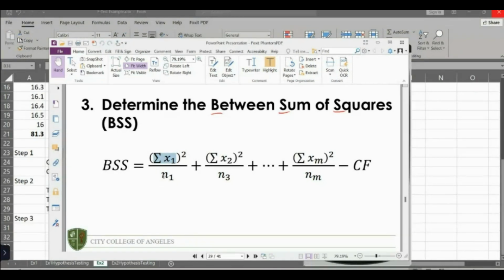In this case, we have five teenagers each region. Repeat this process until the fifth region, and afterwards get the summation of all those quotients, then subtract the correction factor.